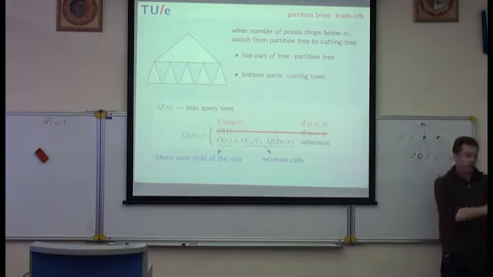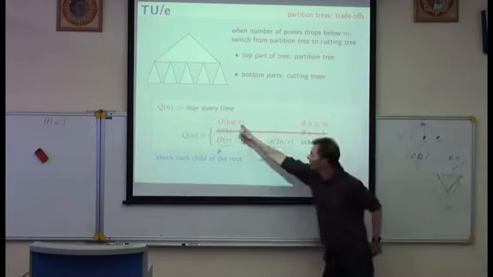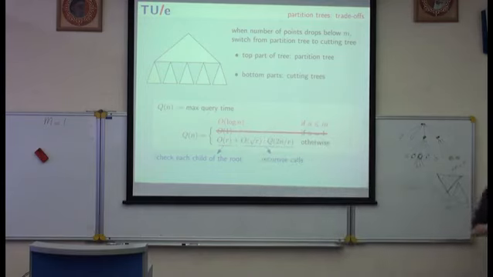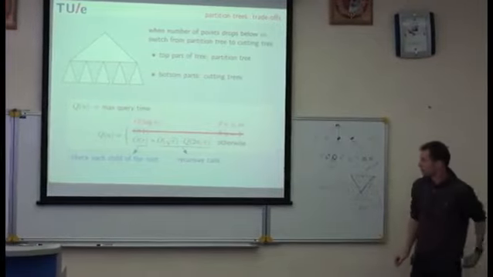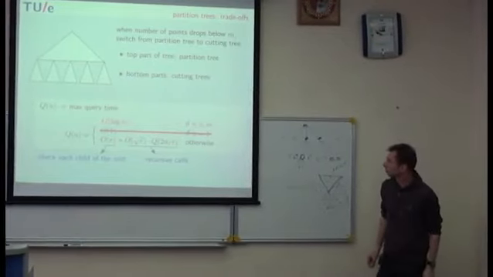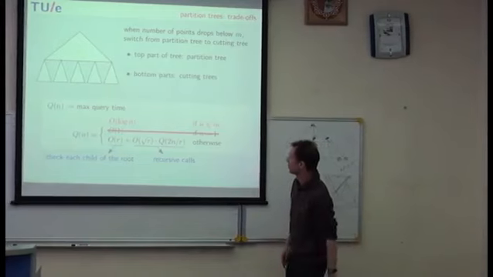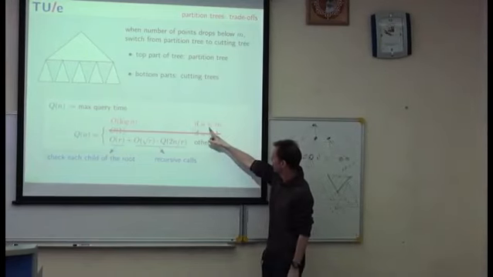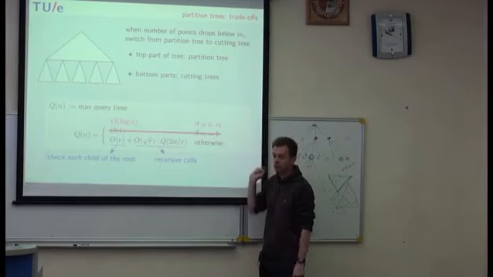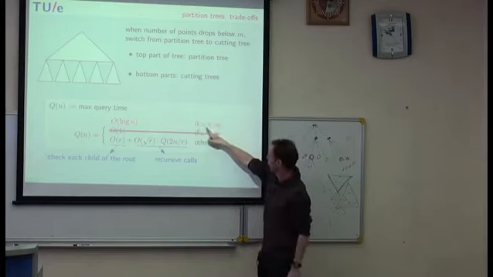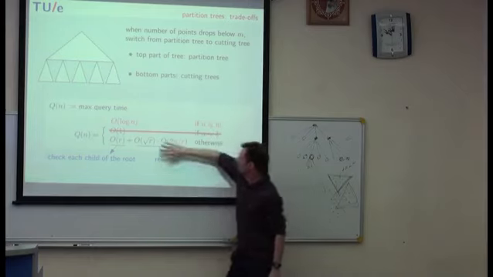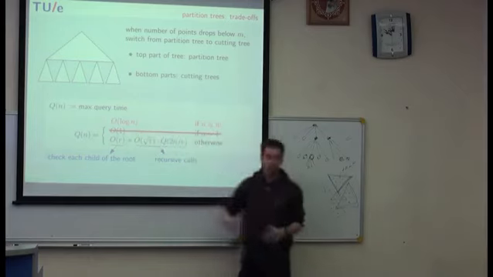And I know that for a cutting tree, the query time is log n. Indeed, when I pick m equals 1, I have my old recurrence back, because I simply had a partition tree. When I pick m equals n, then this whole thing disappears and I simply have log n.